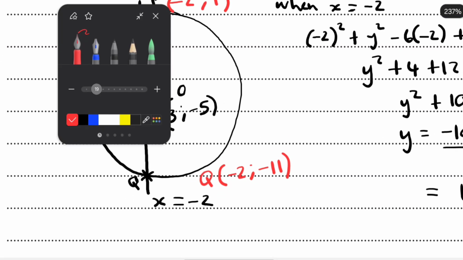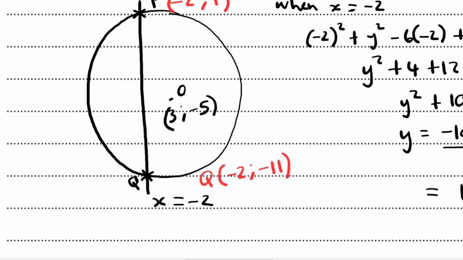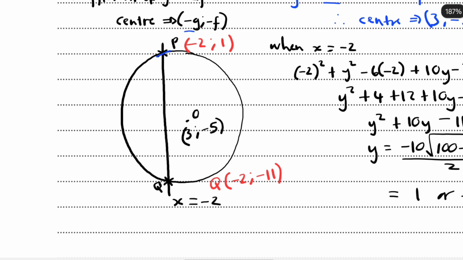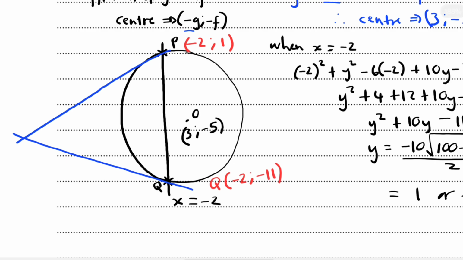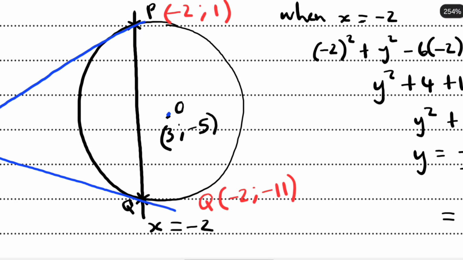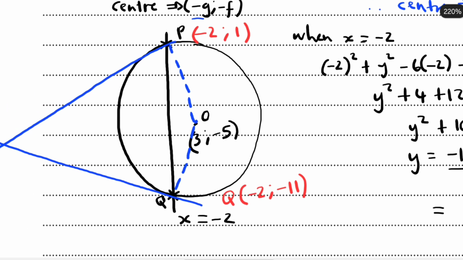And we're told that there are tangents at these points like this, like that. We can join these to the center so that we can use the gradients of the radii in our calculations.